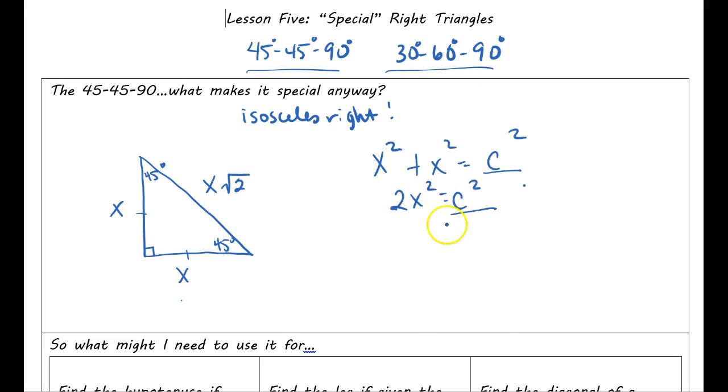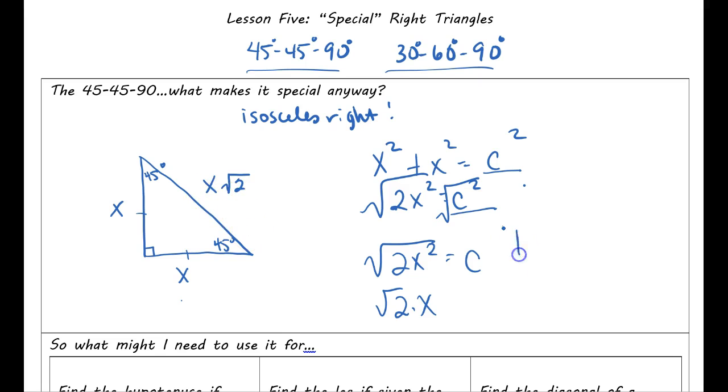So from this step right here, we would take the square root of this side to make it a normal c, and then we'd take the square root of this side, and the square root of 2x squared is the square root of 2 times x. So I just wrote it flip-flopped, x times root 2, but this is just a proof of why this works. If you don't like it, that's okay. Ignore it, block it out, whatever. It's just showing that this formula always works.